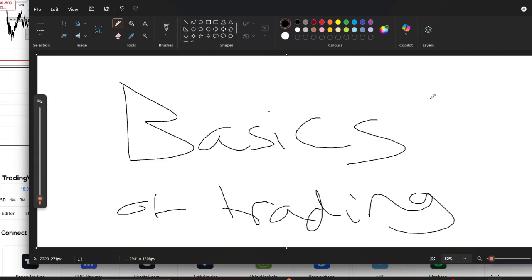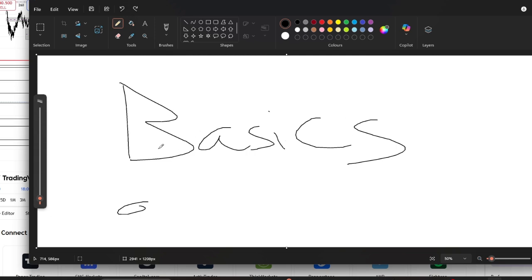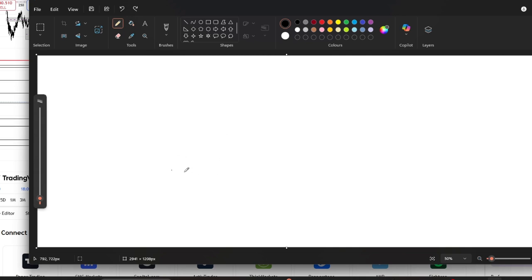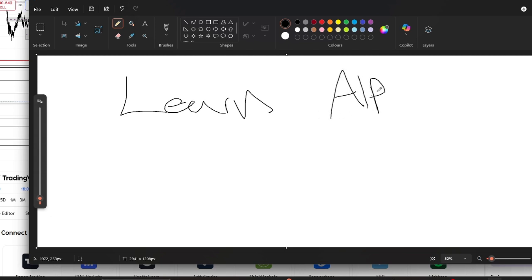That is the basics. The next step in your journey of learning how to trade is to learn the alphabet, okay? Break of structures, fair value gaps, liquidity sweeps, order blocks, all these different things.